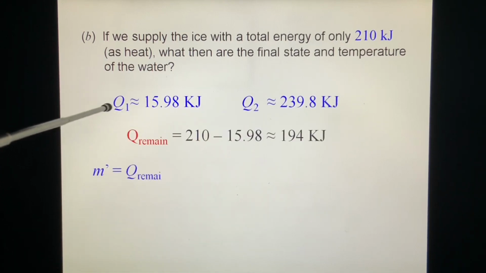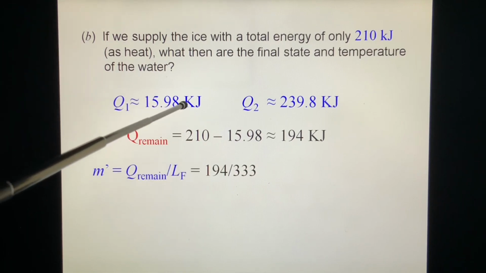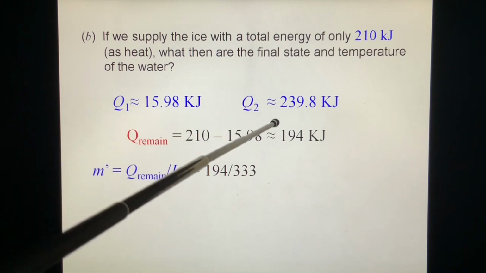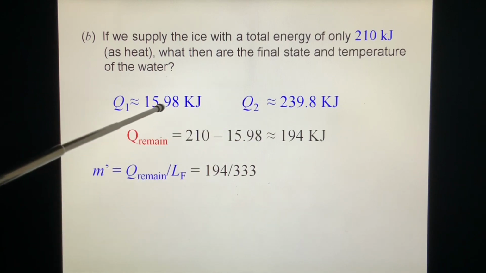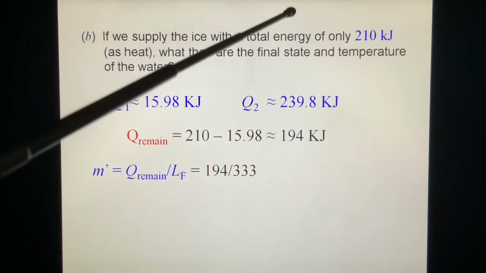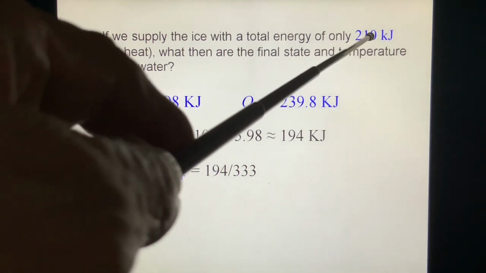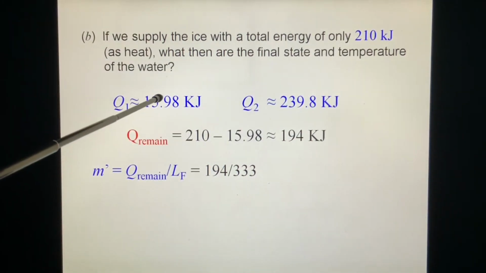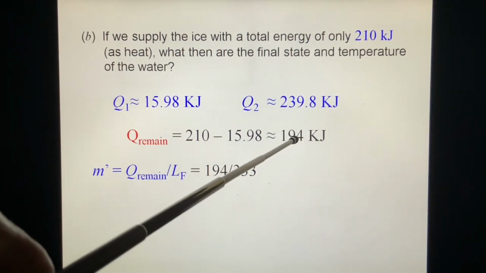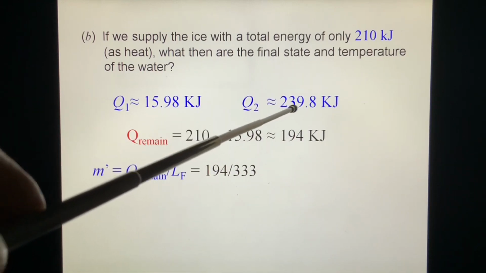First, from minus 10 to 0, we need 15.6 kilojoule. We have calculated the phase change as this one. So we see we can finish this one, but not this one. That means only part of the ice becomes liquid, and part of the ice stays as ice. So let's see, 210 minus 15.6, you have 194 kilojoule. And total phase change, we need 239.8.